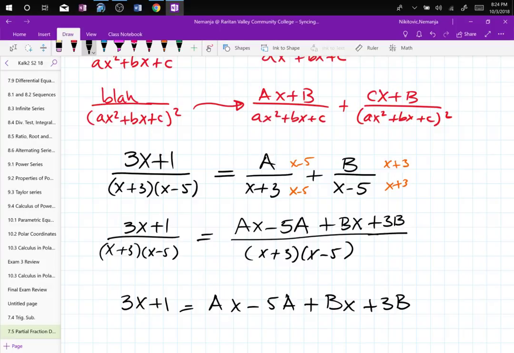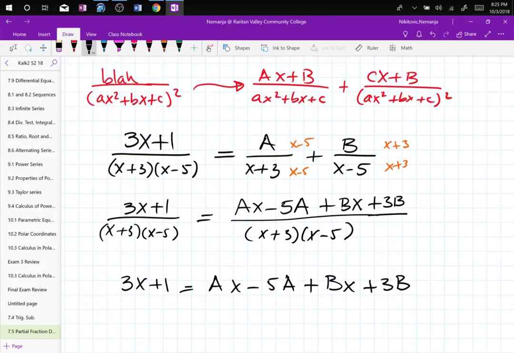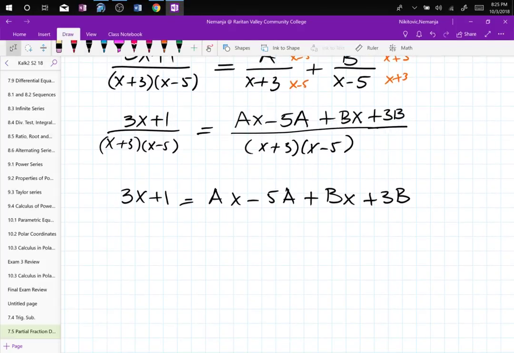So this is it. You have to solve for a and b and get what they are as numbers from this one line somehow. Well, linear algebra works in the back, and we have 3x plus 1.